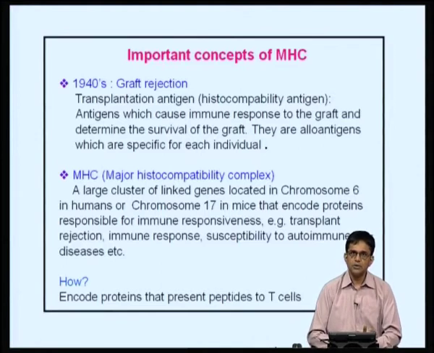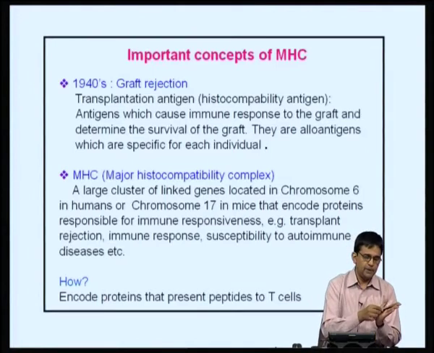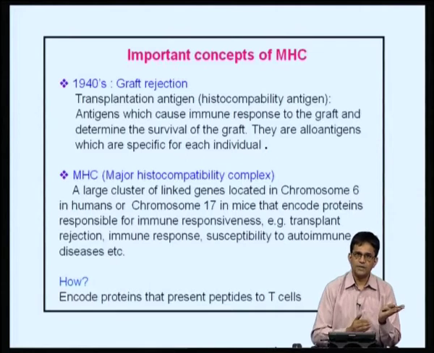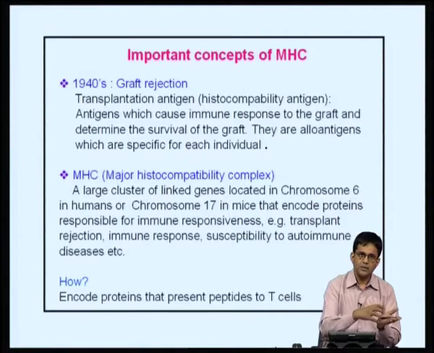You need to think of MHC molecules as essentially peptide receptors. So, they present peptides that are derived from endogenous proteins, intracellular proteins within cells, and these peptides are presented on the surface of cells by MHC molecules, and the T cells then recognize this complex of MHC plus peptide.